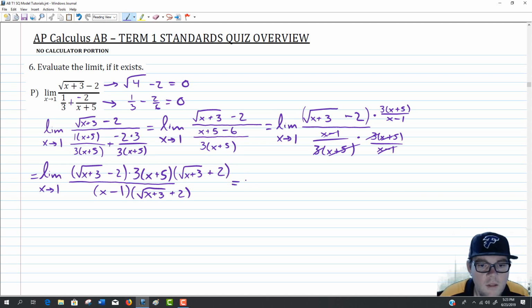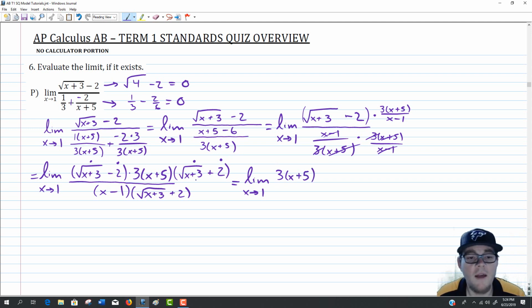So looking here, if we go to evaluate our limit as x goes to 1, in our numerator, we've got again that difference of squares that comes from this piece. Of course, the pieces that aren't changing, we have the 3 quantity x plus 5. Now as I look at this numerator, x plus 3's square root squared is going to be x plus 3, and minus 2 times positive 2 is going to be minus 4.